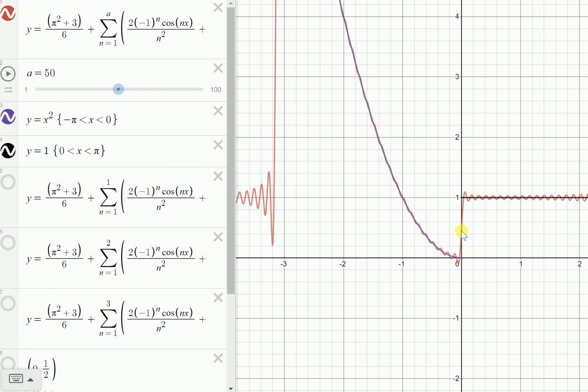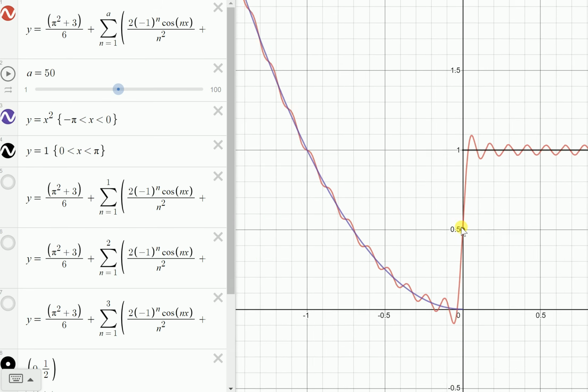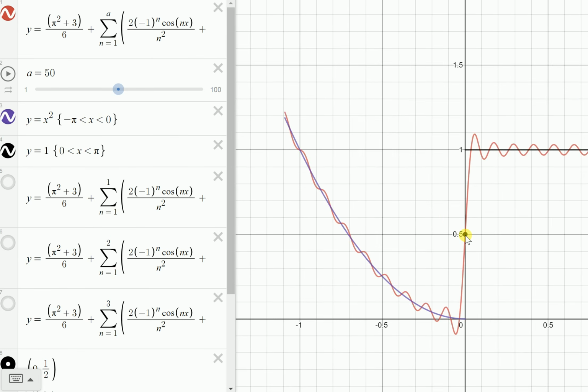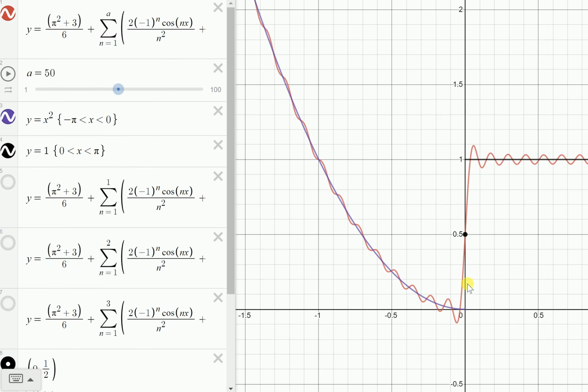And it looks like the Fourier series might be going halfway between where 1 is and where 0 is here. So I've gone ahead and entered in that point. Let's plot it. And it looks like it's going through there. Let's zoom in more to see if that seems realistic. Zoom in, zoom in, zoom in. Yeah, it does look like the Fourier series is going through there. It turns out that that is what happens with the Fourier series when my original function has a jump discontinuity.